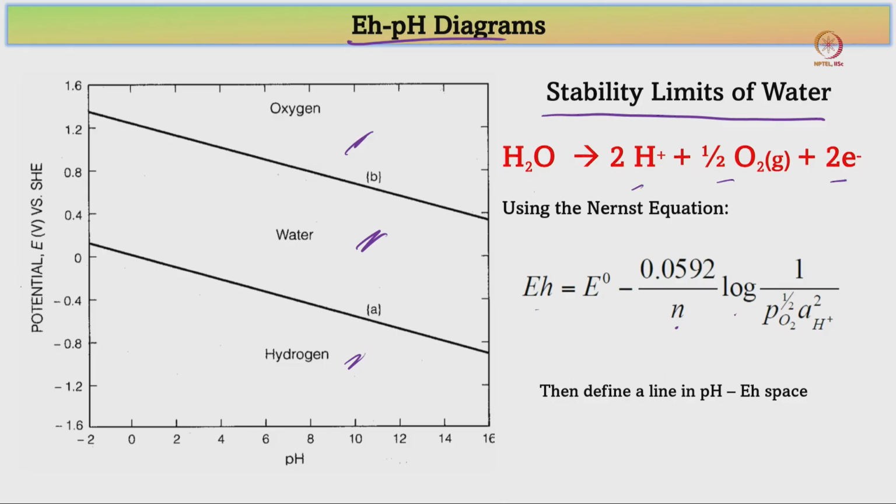We are not going to write an activity term for the electron, since we are writing an EH term. Whatever is a gas, we write in terms of its pressure, so the pressure of oxygen and the activity of the H+ term.